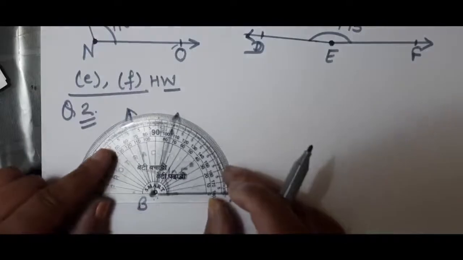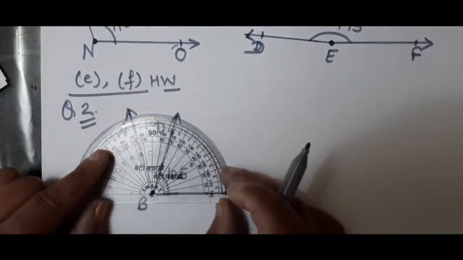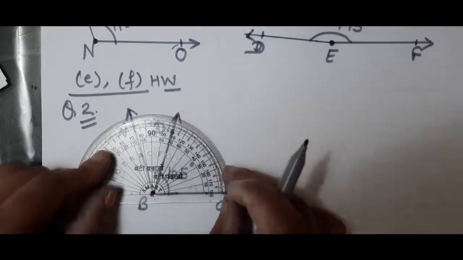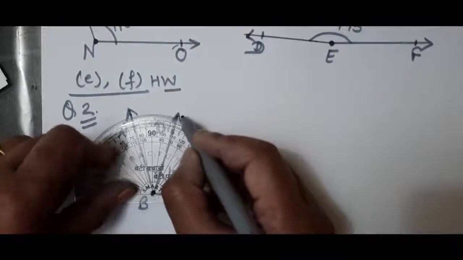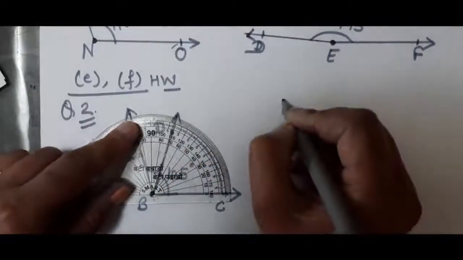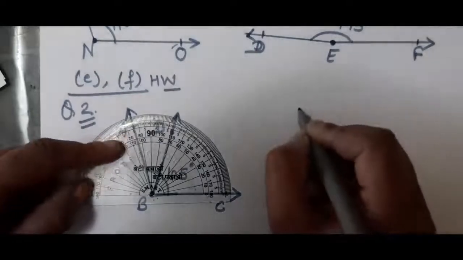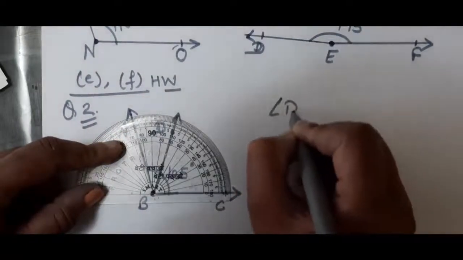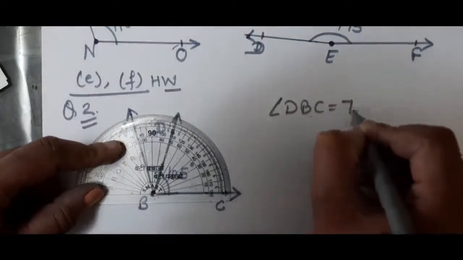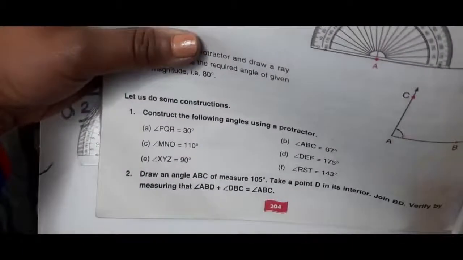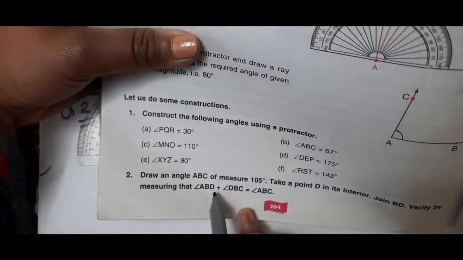It is 71 degrees. Now you will write here angle DBC is 71 degrees.